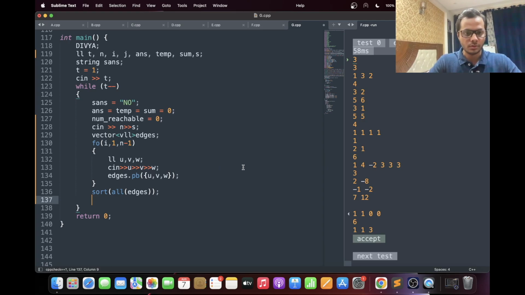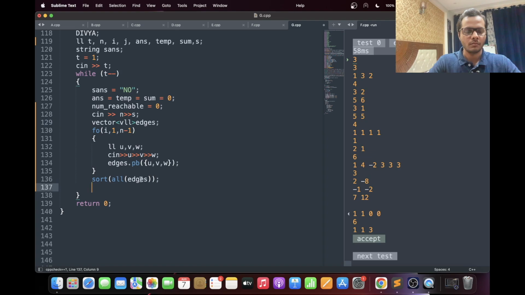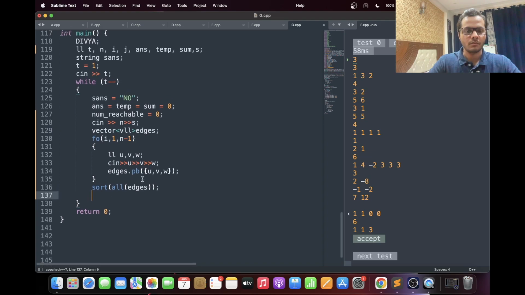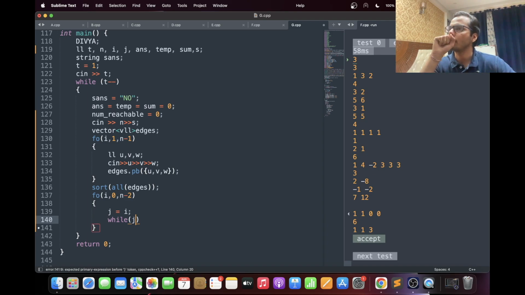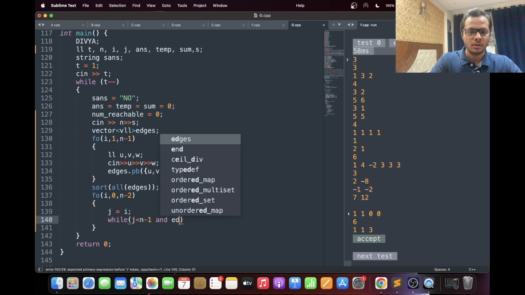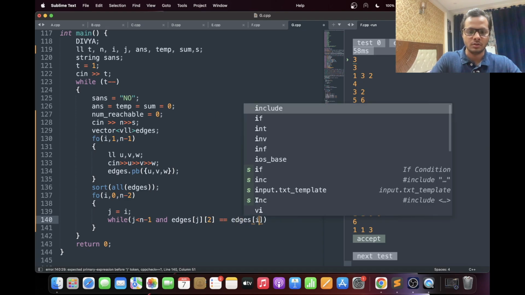Right, so let's process these edges. j is equal to i, so j is less than n minus 1, and edges of j weight is equal to edges of i weight.